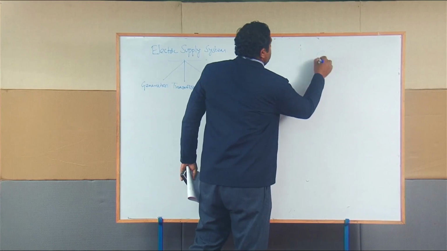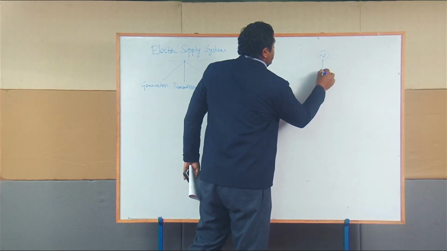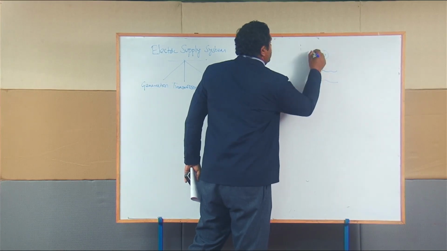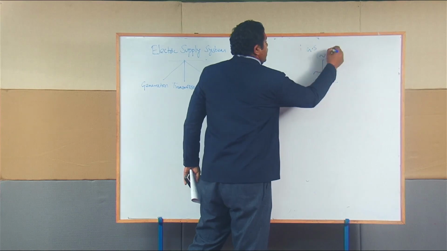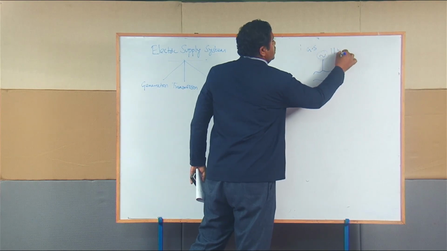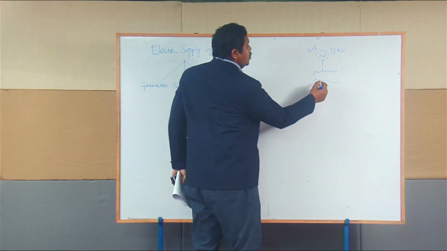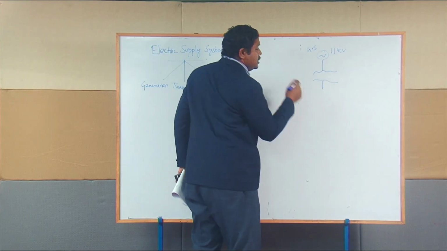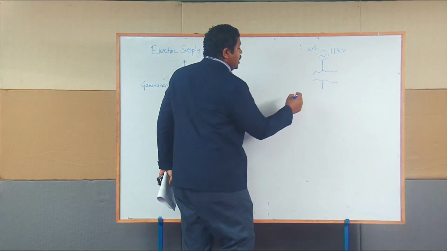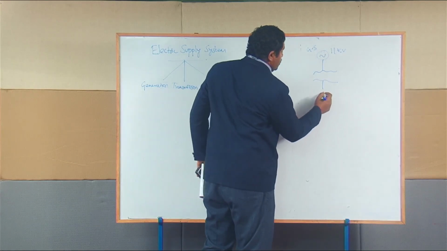So we have the generating station, which generates at the generation voltage of 11 kV, and through the step up transformer it is stepped up for transmission over a long distance.